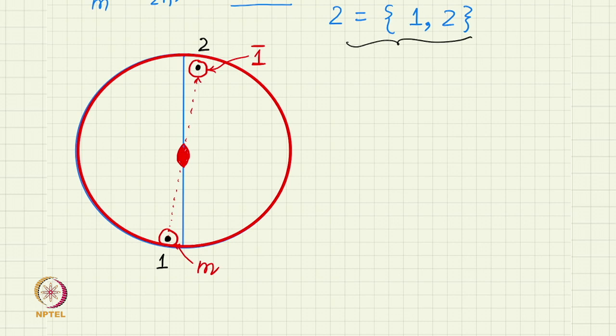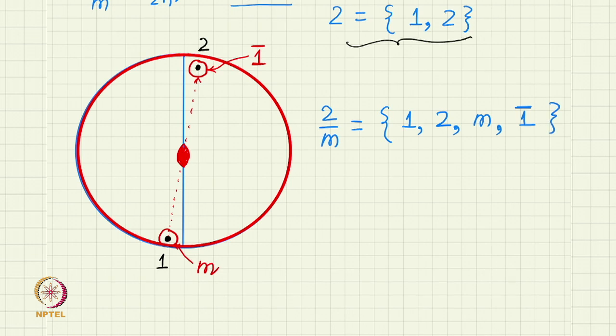So, it is easy to write the group now. The 2/m group has 4 operations: 1, 2, m and 1 bar.